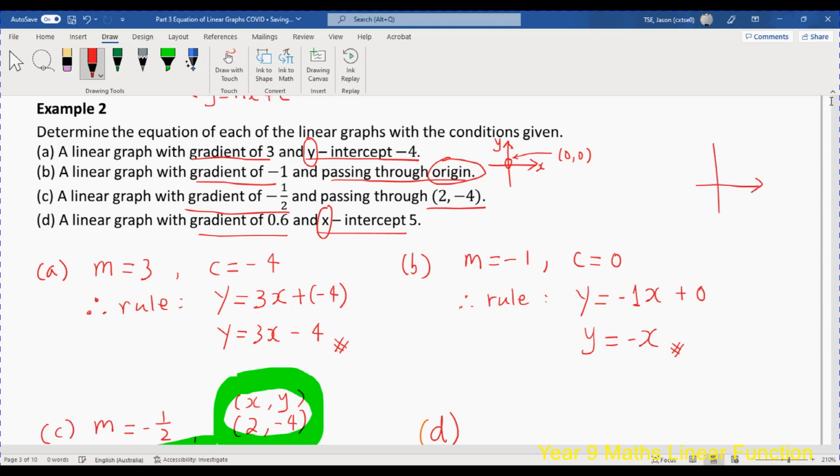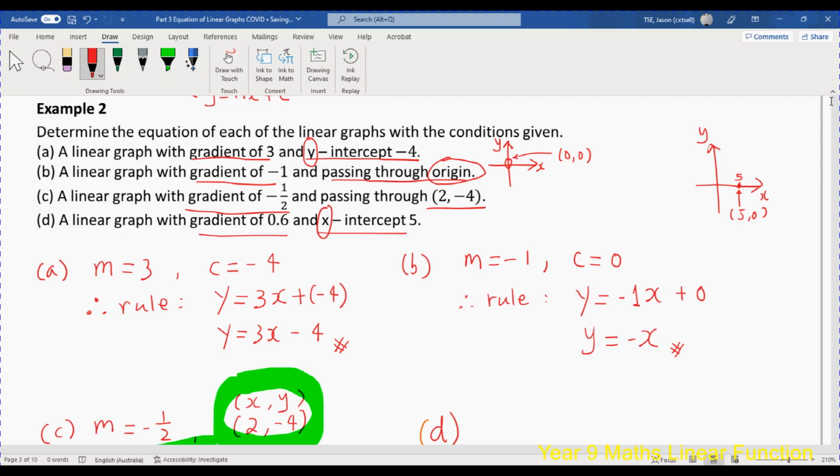So if I put the x-axis here and the y-axis here, where is x-intercept being 5? It should be around here, let's say this is 5. So what are the coordinates of that point? It should be (5, 0).